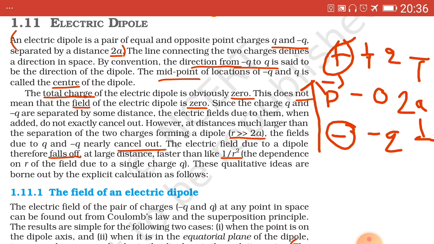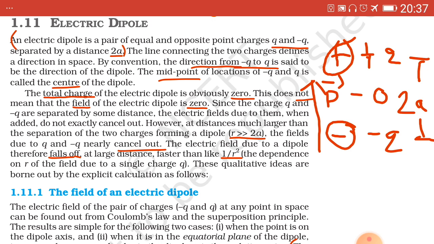Number 5. Newton meter square upon coulomb, that is N m² per C, is the unit of dash. Number 6.